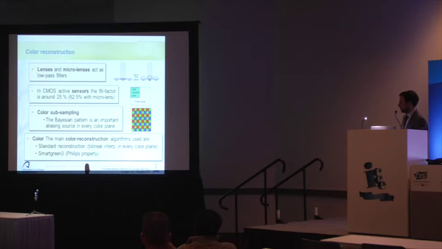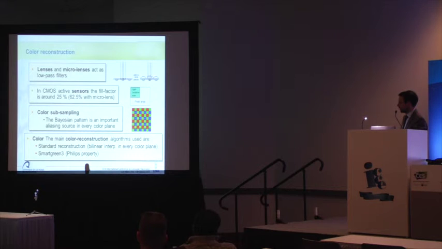This depends a lot on the fill factor, which is around 25% in lenses, and if we go to micro lenses, it is around 62%. Okay. In the Bayer pattern, we have an important aliasing source in every color plane. So just after the sensor, we need to think on how to apply super resolution.